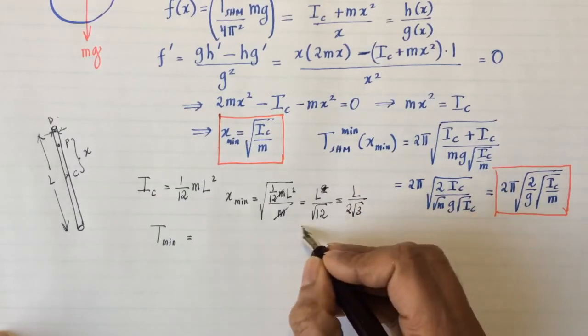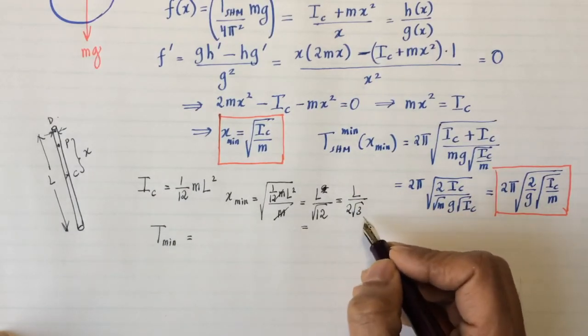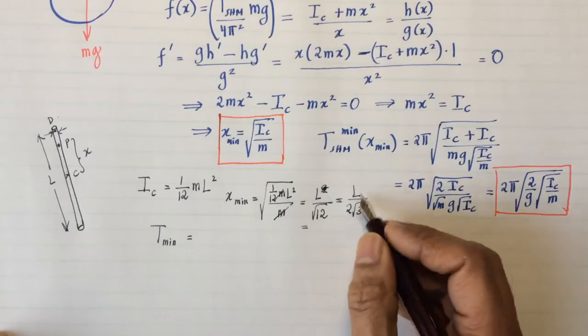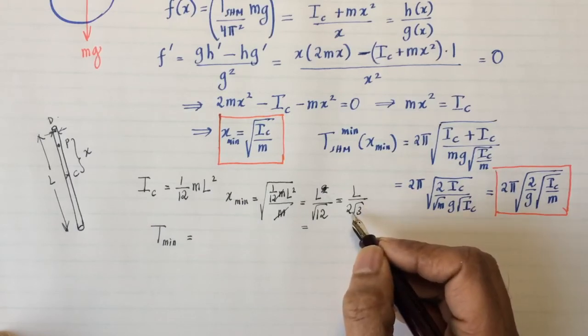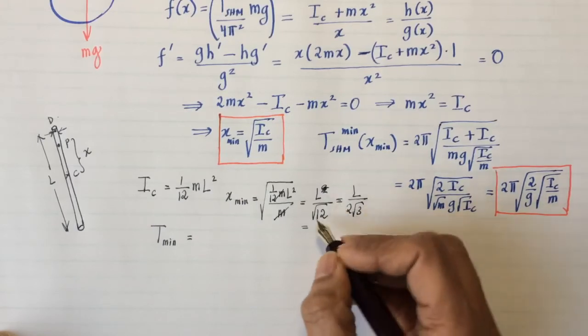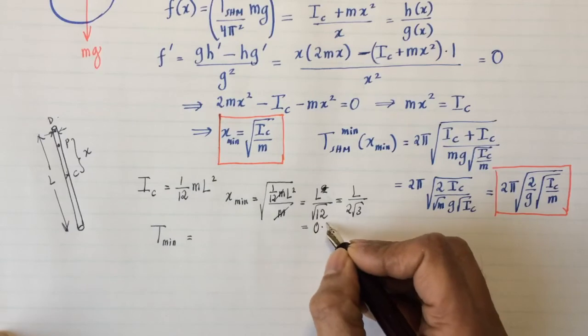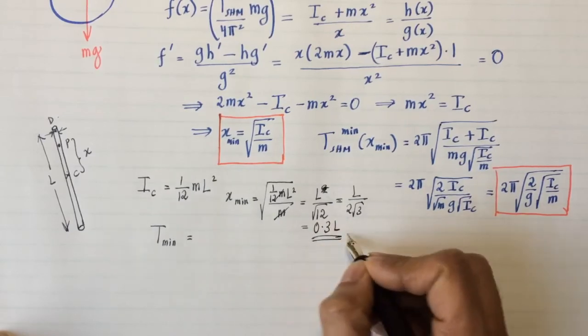And 1 over root 3 is root 3 by 3, and root 3 is 1.73, so that's going to be 1.73 divided by 3, which is 0.58, and 0.58 divided by 2 is something like 0.26. Something like that. So something like 0.3, approximately 0.3.